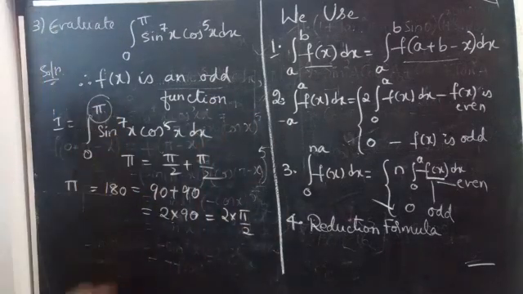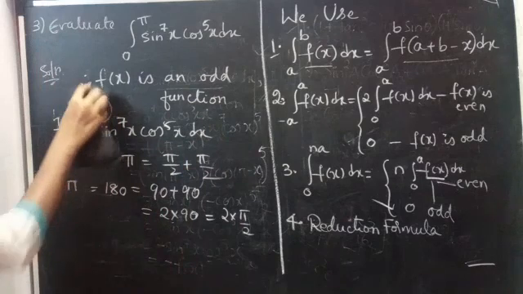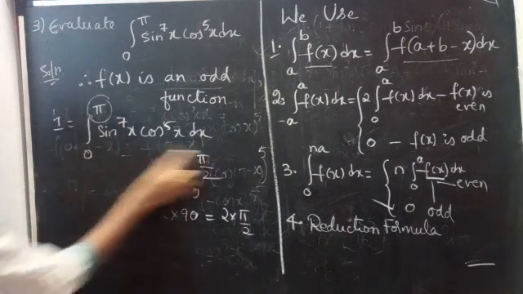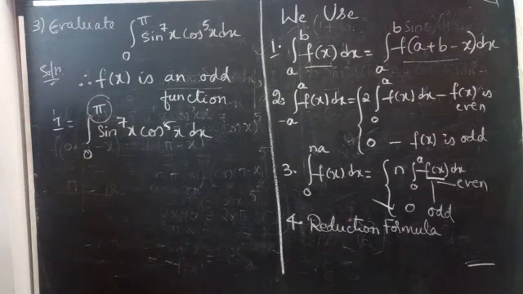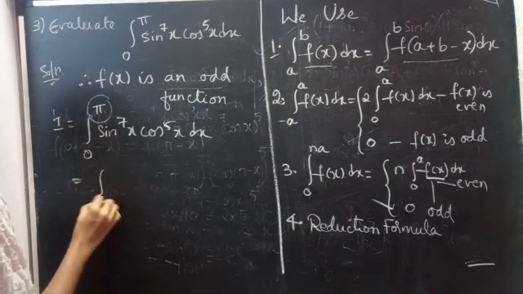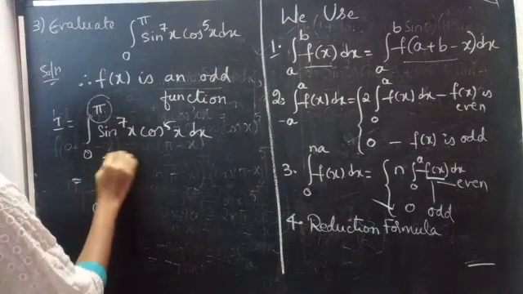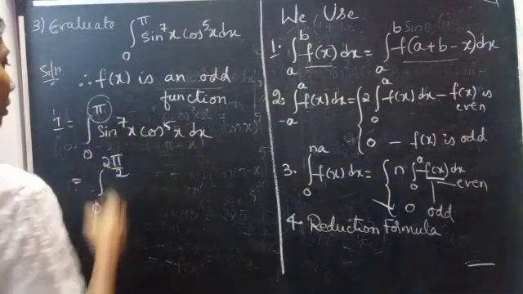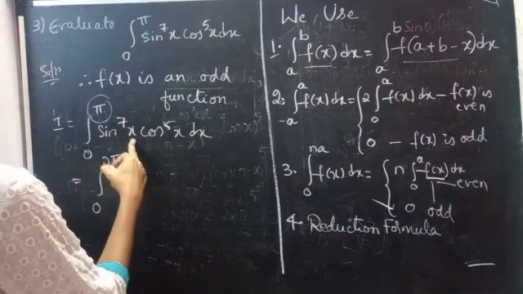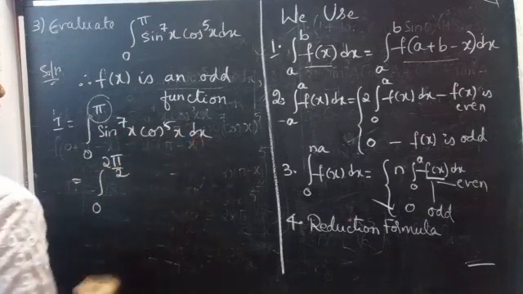So you can replace this pi with 2 into pi by 2. So this equals the integral from 0 to 2 times pi by 2 of sine power 7x into cos power 5x dx.